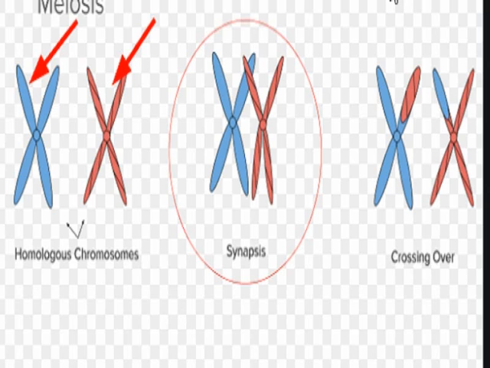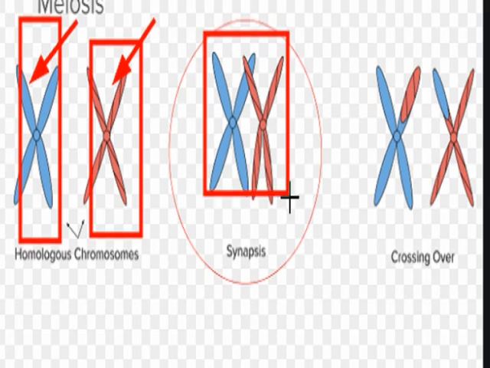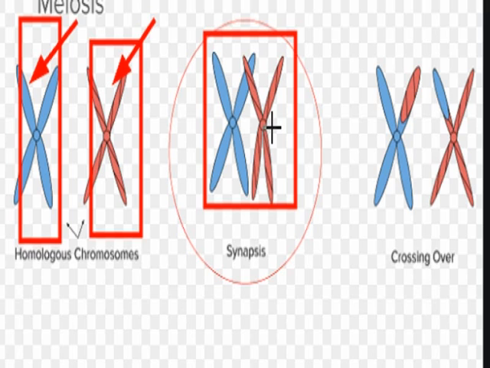See here, they line up with each other and form different pairs. Firstly they were present in pairs, shown in red here and in blue here. Now a different pair is formed and they become bivalent. Again, two pairs are pairing with each other.